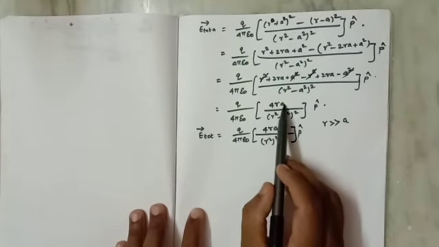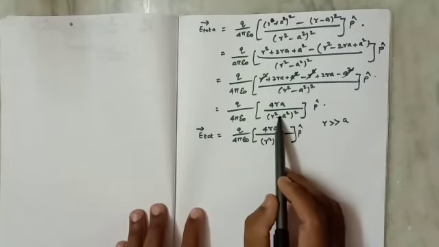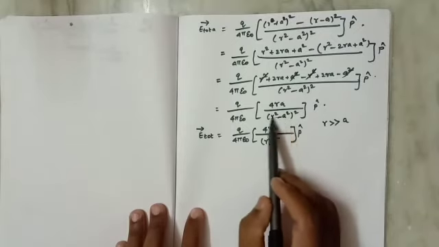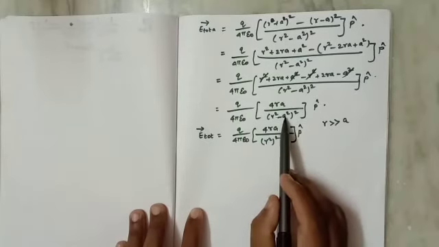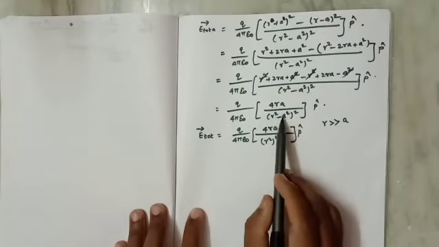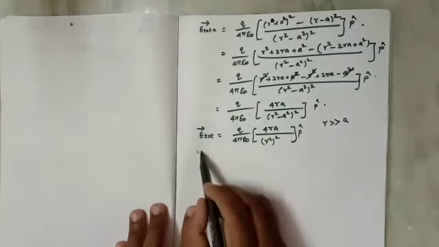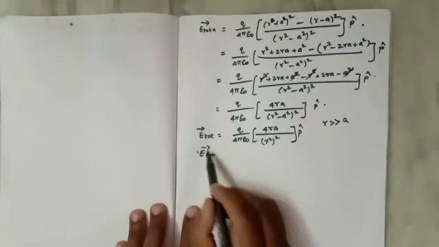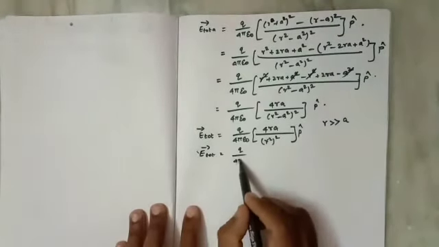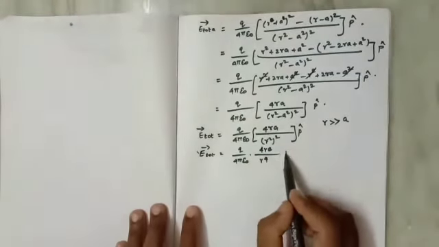Here in 4RA divided by, there is a relation between R and A, and A is very much smaller than R, so A square is also very small compared to R square, so we neglect A square in this equation. So it can be written as (R square) whole square. So the E total vector is equal to Q divided by 4 pi epsilon naught, 4RA divided by R power 4, P cap.